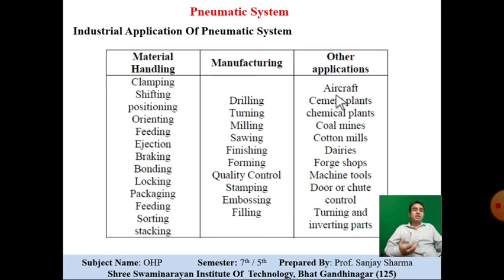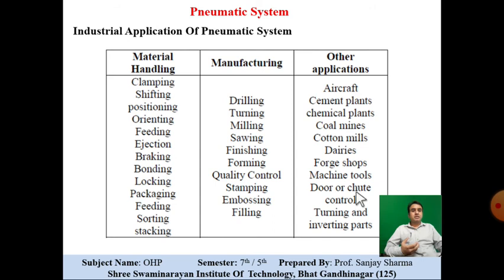Other applications are in aircraft, cement plants, chemical plants, coal mines, cotton mills, dairy products or the dairy industry, forge shop, machine tools, doors or clutch control, turning and inverting parts.